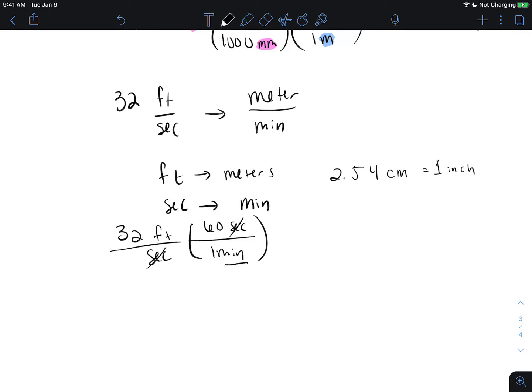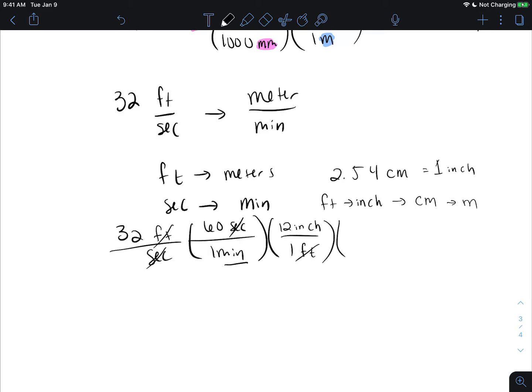We are currently in feet, so we need to go from feet to inches. And then we can go from inches into centimeters. And then we go from centimeters into meters. So there are 12 inches per 1 foot. That'll cancel out my feet.